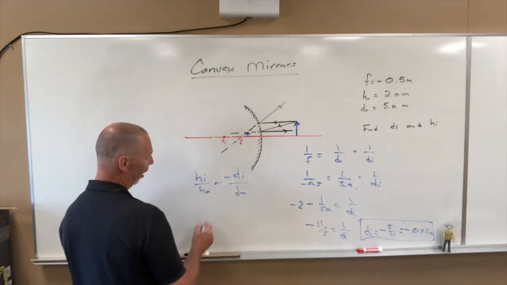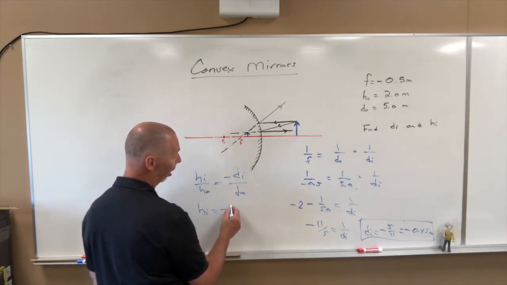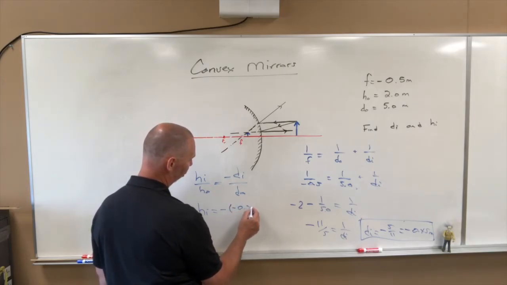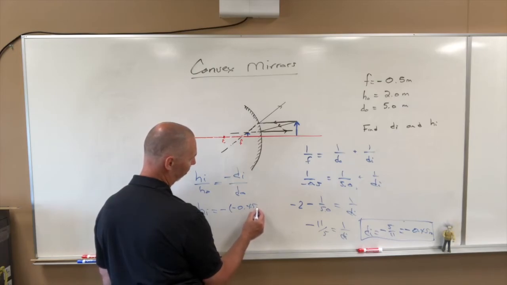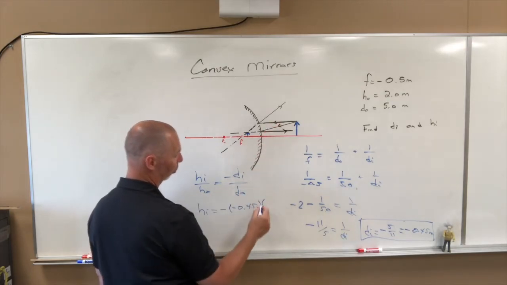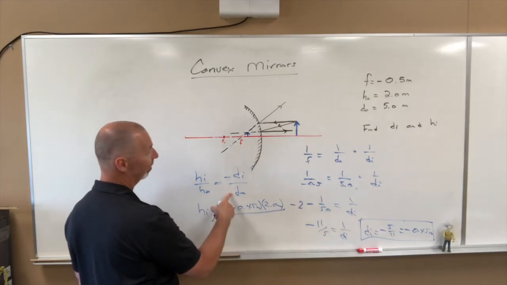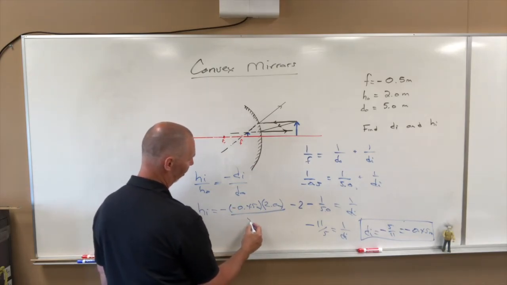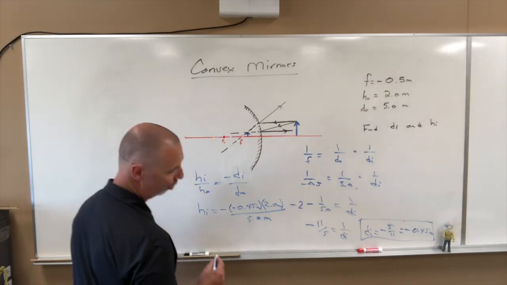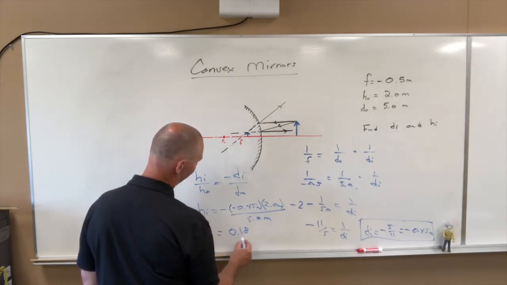And we're going to multiply the HO to both sides, so that means HI will equal negative DI, which was negative 0.45, times HO, which was our 2 meters, divided by DO, which is, again, 5 meters. And if we punch that into our calculator, we will get 0.18.